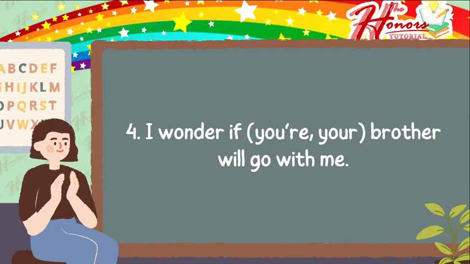What do you think is the correct word for this? Is it you're with an apostrophe or your with Y-O-U-R? What's your answer? Okay, very good. The correct answer is the possessive pronoun your, Y-O-U-R. Again, this sentence indicates possession. Your brother. Therefore, you need to use the possessive pronoun your.